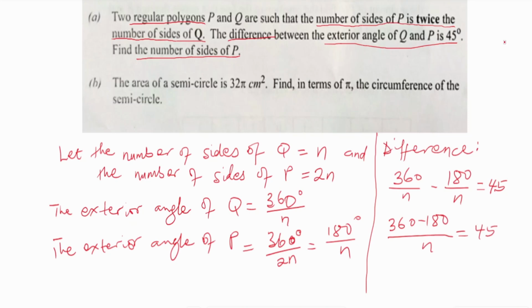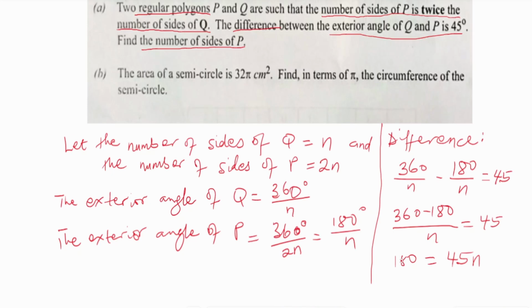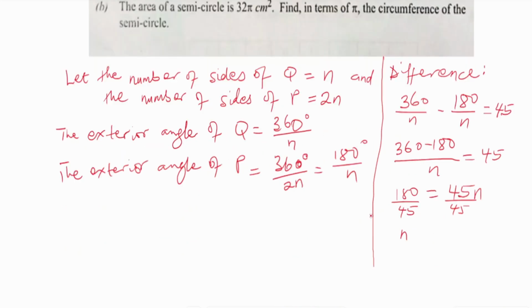And multiplying both sides by n, we are going to have 360 minus 180, which is 180, equal to 45n. Remember, we are multiplying both sides by n. And dividing both sides by 45, n will be equal to 4.